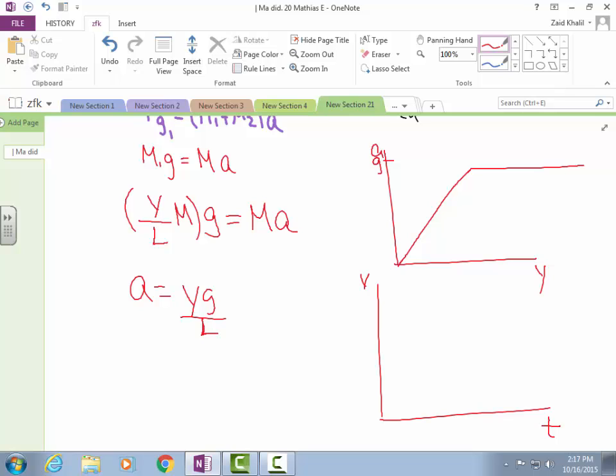You're right. So it's going to be parabolic. Then it's going to become, what's that called? Linear. It's going to be a parabola at first, and then it's going to become linear. Notice, what's the slope of the linear portion? G. That's right. This would have a slope of G.